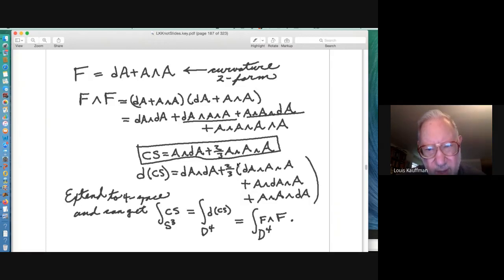And so if you then compare with what happens, you find that if you are integrating over 3-space, the Chern-Simons form, of course, by Stokes' theorem, that will be the integral over the 4-space, if it was defined on it, of d of it, and that turns out to be F wedge F. So Chern-Simons is related to F wedge F. And this is the beginning of what Chern and Simons were doing, getting at curvature by way of differential forms in a larger system of thought.